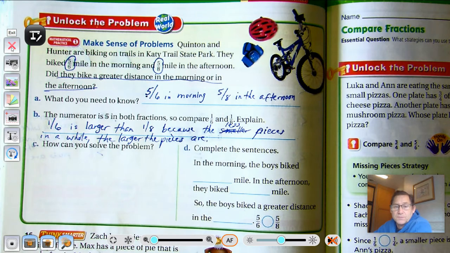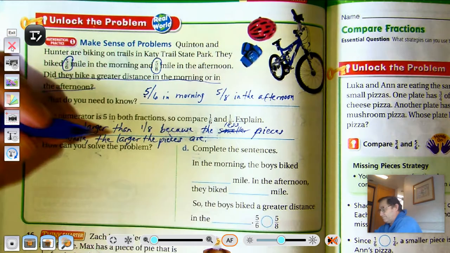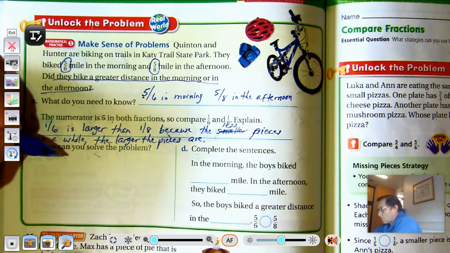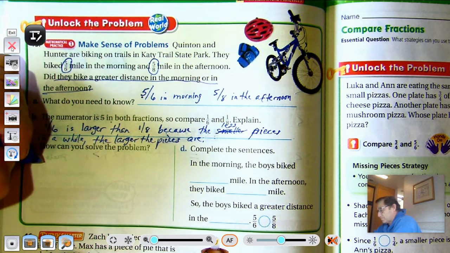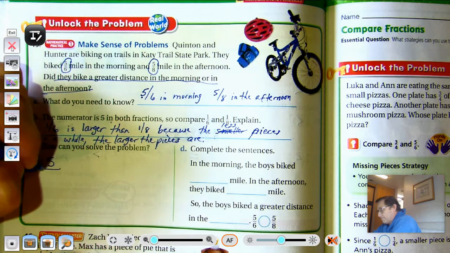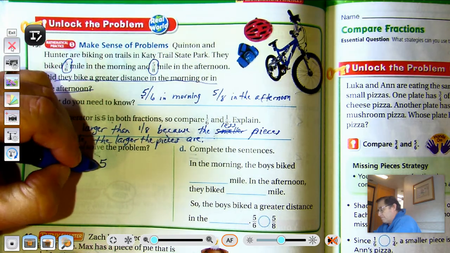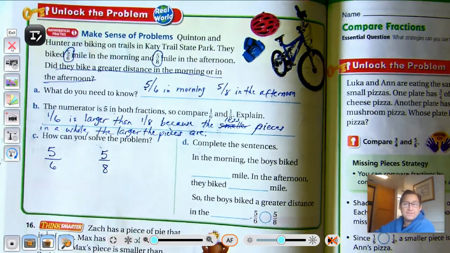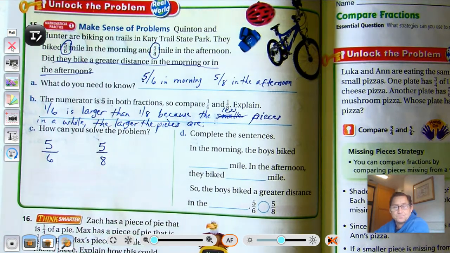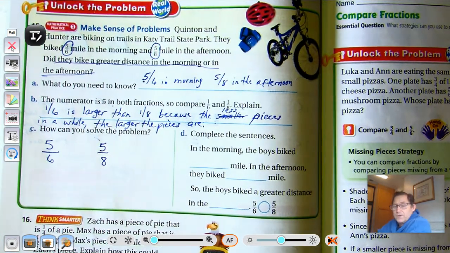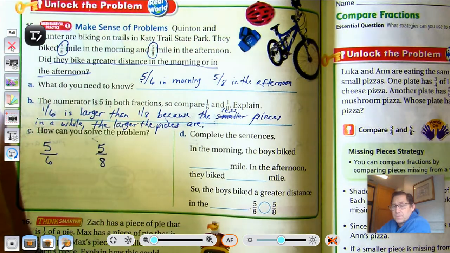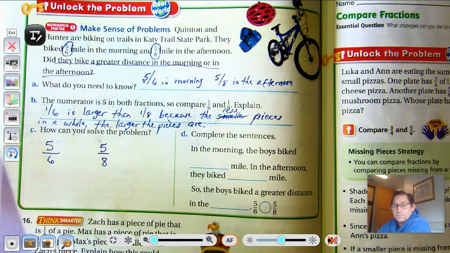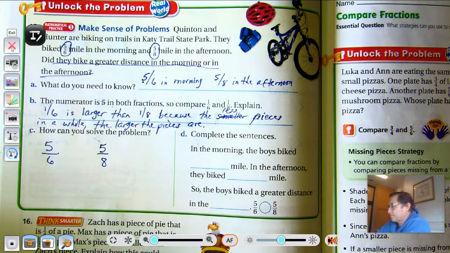So how can we solve this problem? Well, 5/6 compared to 5/8. We learned 3 ways. We can use fraction strips, we could use circles, or we could use reasoning.